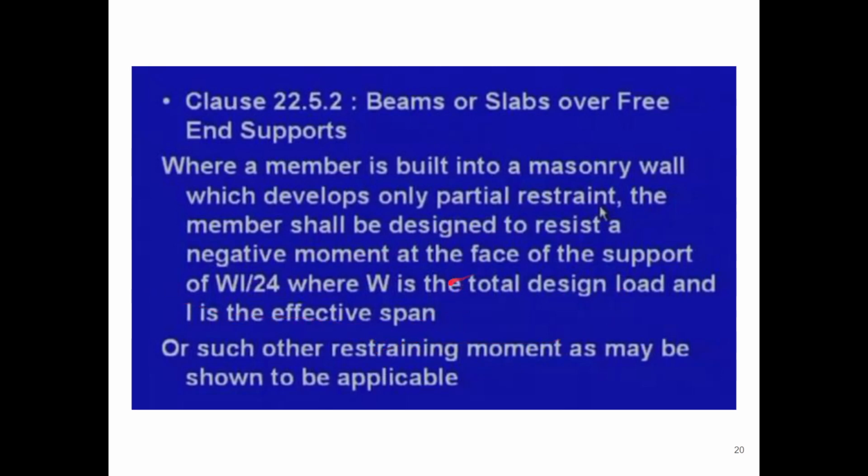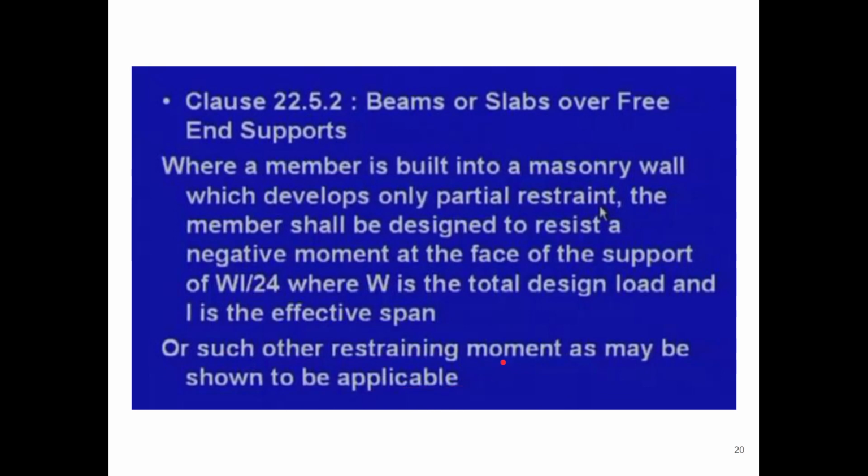The member shall be designed in such a case to resist the negative moment at the face of the support of WL by 24. This value we directly take over free end supports, like a masonry wall. 1 by 24 is the moment coefficient for that case, or such other restraining moment as may be shown to be applicable.